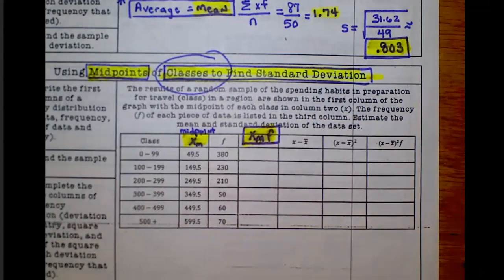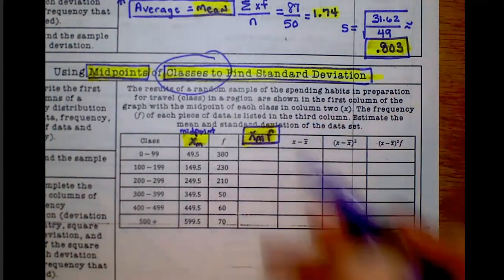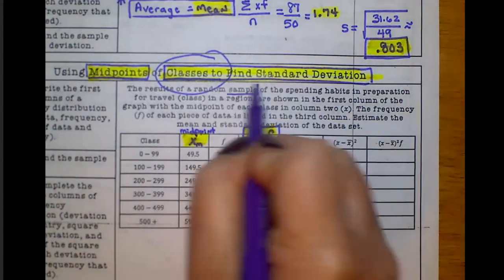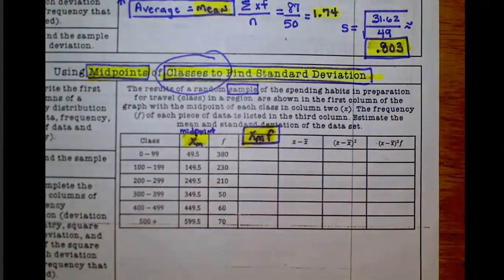So before we start doing that problem, let's see what the question is stating. You have a random sample, so we're dealing with a sample, of the spending habits in preparation for travel in a region. So we have spending for people that are traveling. We have different classes of that spending.